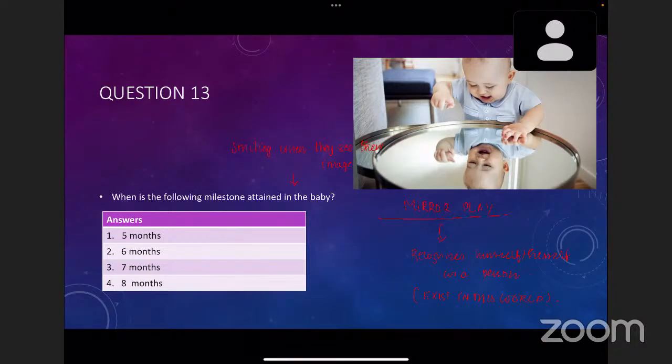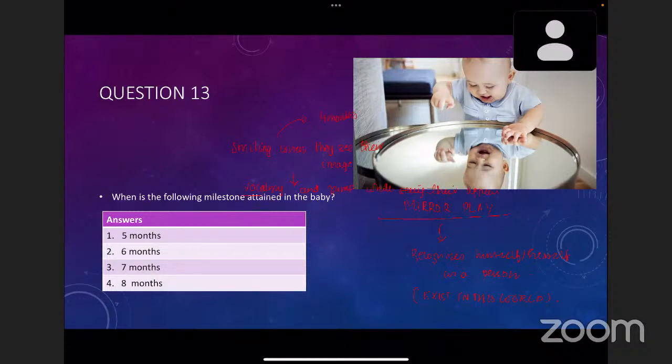Now they start to vocalize and jump while seeing their image. So when these two appear, the smiling will appear at the age of 4 months.